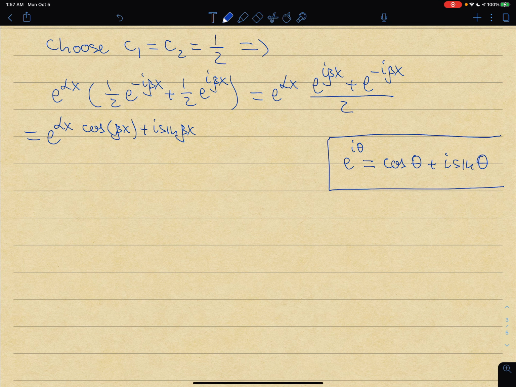That is for e to the I beta x. But e to the minus I beta x can be written down in a similar way, except that theta now is minus beta x. So plus cosine minus beta x plus I sine minus beta x, and the whole thing has to be divided by 2.